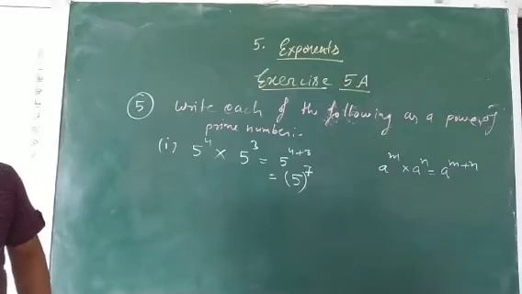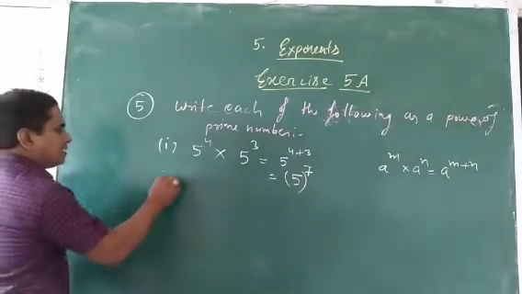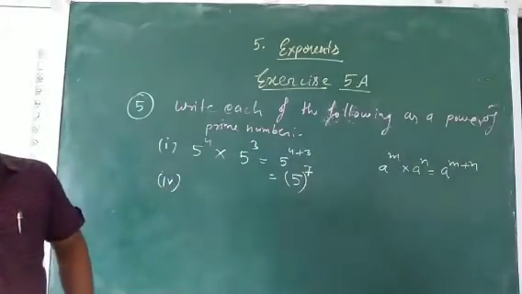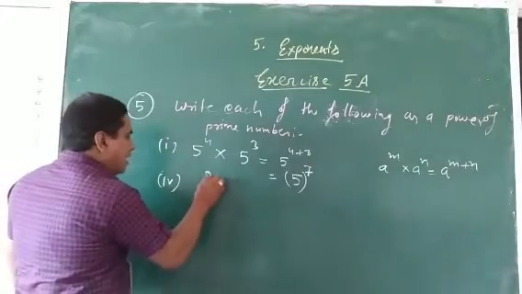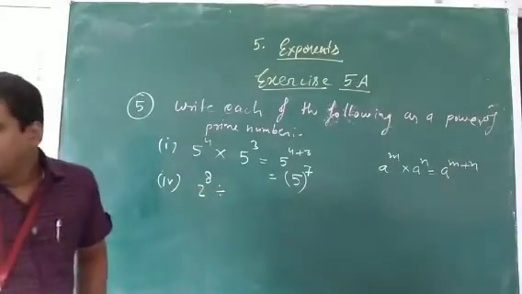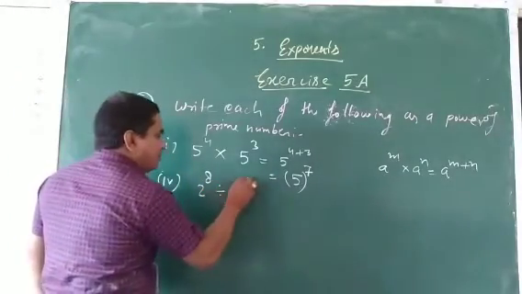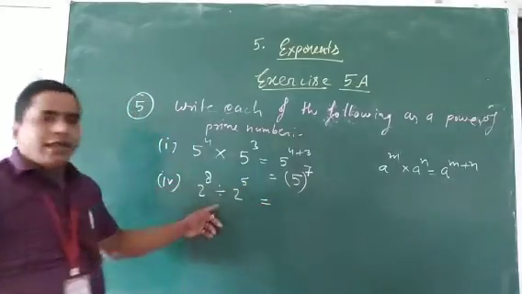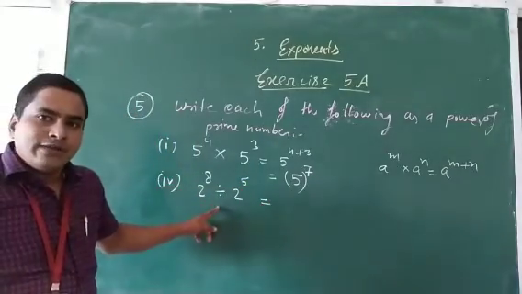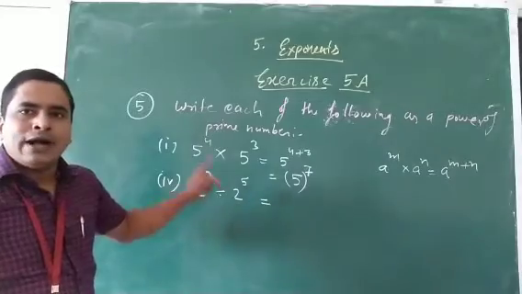Some more questions. We will discuss fourth part. 2 to the power 8 divided by 2 to the power 5. So again, here division of two exponents is given. Again, base is same, power is different.